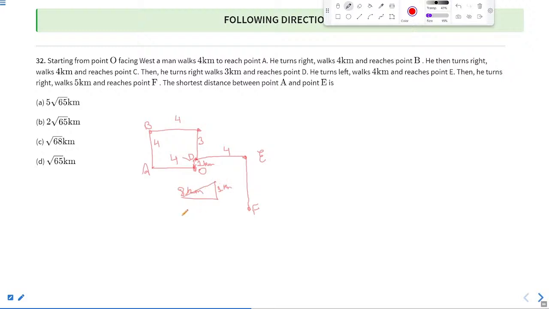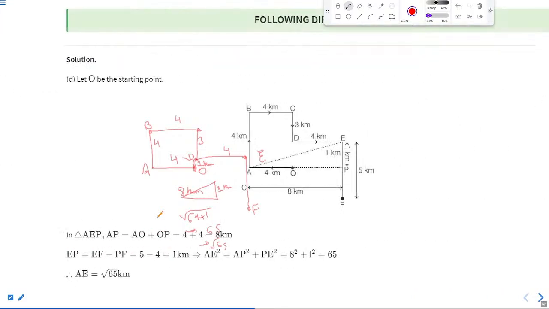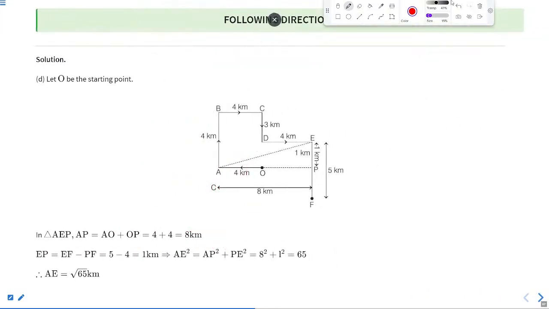So the hypotenuse, the shortest distance, will be the square root of 8 squared, 64, plus 1 squared, 1, which is 65. So the answer is square root of 65, which is D. In triangle AEP, AP is AO plus OP, which is 8. EP is 5 minus 4, 1 kilometer. So AE is equal to the square root of 8 squared plus 1 squared, which is 65.